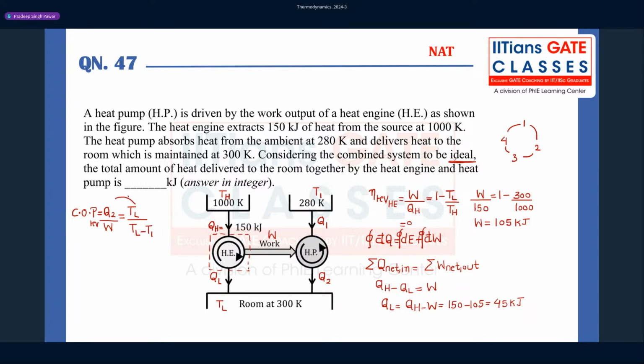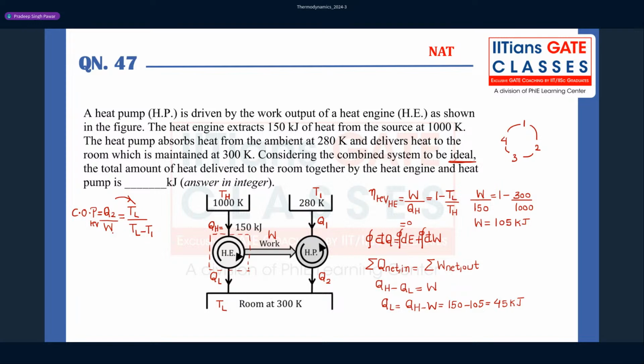For a reversible heat pump, the COP relation is in terms of the temperature of the space you want to maintain at a higher temperature and the sink or source temperature.